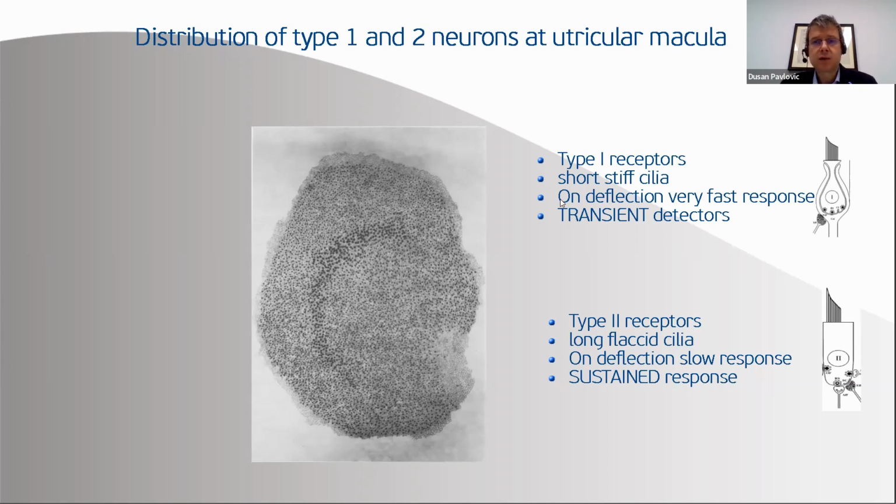So they're really good transient detectors. On the other side, type 2 receptors have very long and flaccid cilia, and they have a slow response on deflection. So these receptors are responsible for sustained response.